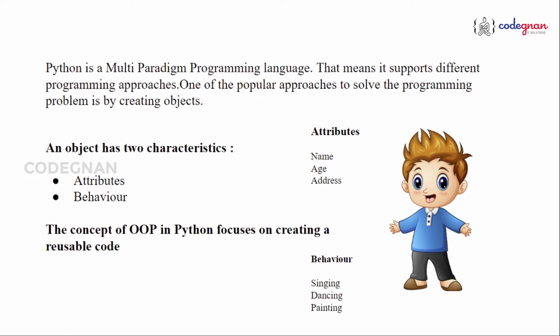When I say attributes, that means his name, age, address, gender, email ID, mobile number, right? Because they will be different: even if name and age match, the address may not match, and the email ID will never match. So generally, an object has mainly two characteristics, attributes and behavior. Name, age, address will be my attributes. Behavior will be whether he can sing or dance or paint.